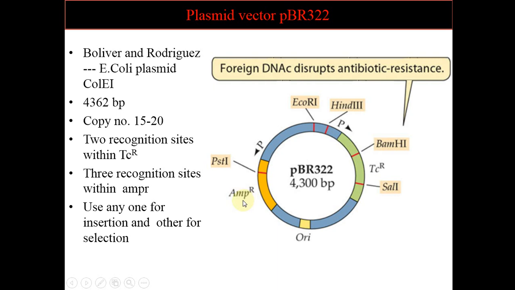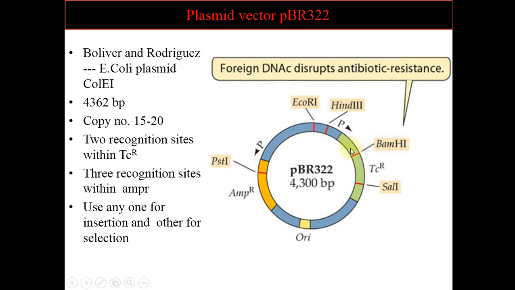So if it is transferred into the host cell with the gene of insert attached in the ampicillin resistance gene, you have to use the selectable marker tetracycline resistance gene.